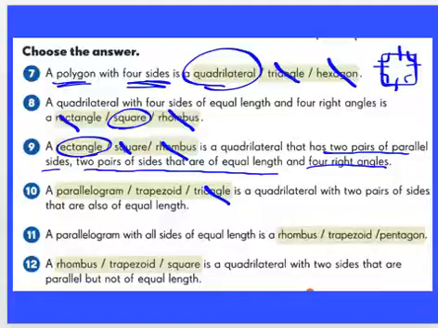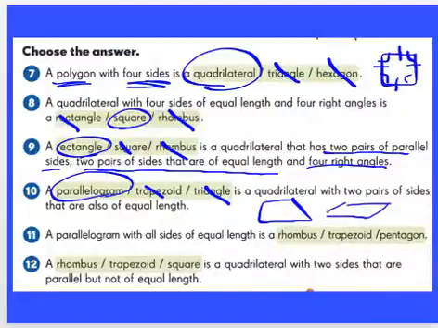Well, a trapezoid can be drawn in so many ways, and their two pairs of sides will not always have equal length. So they must be talking about a parallelogram, because no matter how you draw a parallelogram, the opposite sides will be congruent or match up. Okay, a parallelogram with all sides of equal length, that would be a rhombus. This one has 5, and this one doesn't have all sides equal.